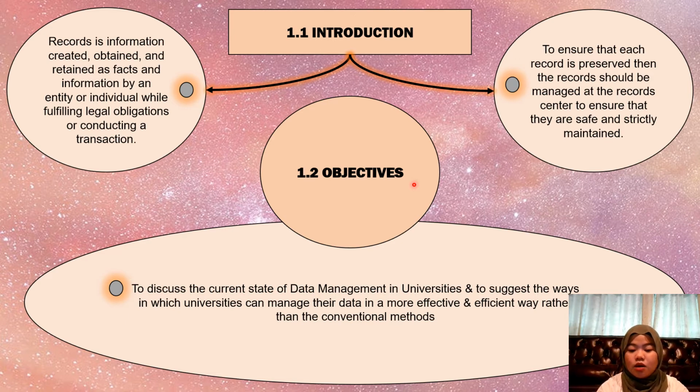Okay, so the objective of this article is that the author discusses the current state of data management in universities and suggests ways in which universities can manage their data in a more effective and efficient way rather than the conventional methods.